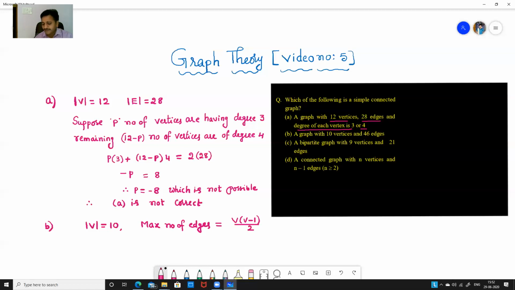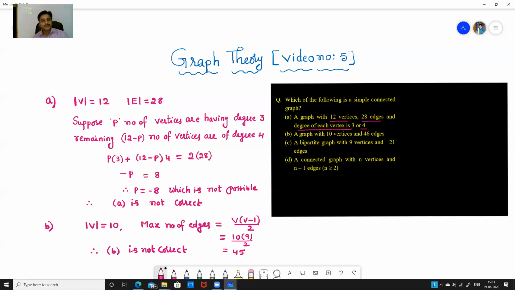Substituting V equal to 10, we get 10 into 9 by 2, which equals 45. But what did they mention here? 46 edges. Therefore, option B is not correct.